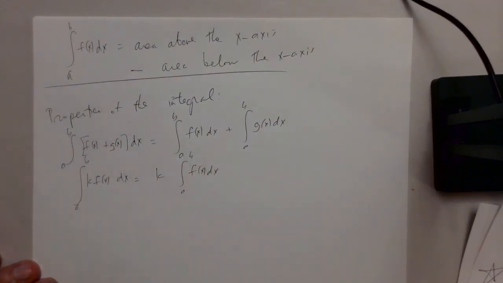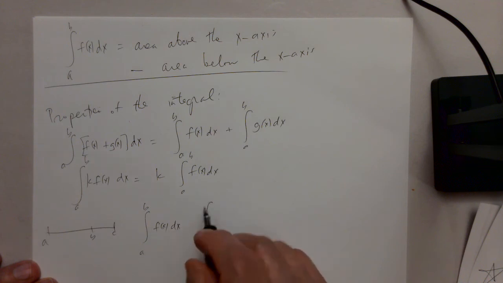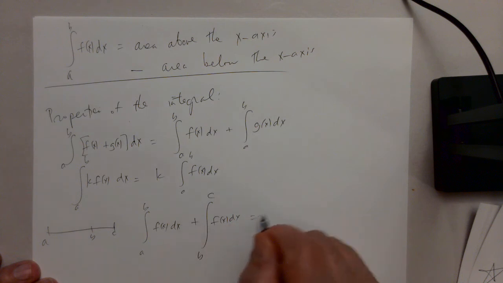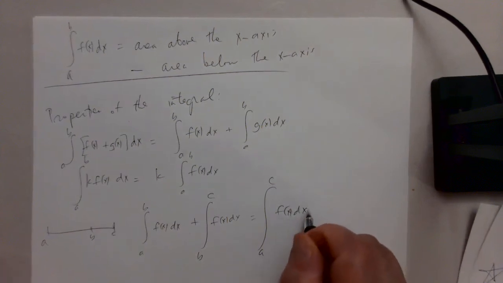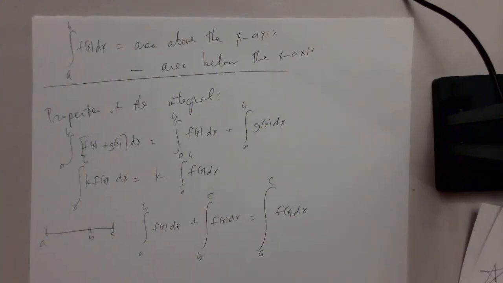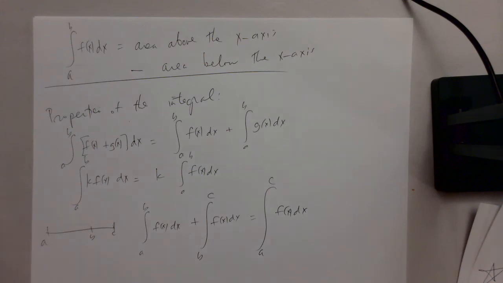And for a definite integral, if you have a, b, c, and you take the integral of a function f of x from a to b, and the integral of that same function from b to c, and you add them, you get the integral from a to c of f of x dx. So these are properties of the integral that are very lovely and used all the time. They're quite important.